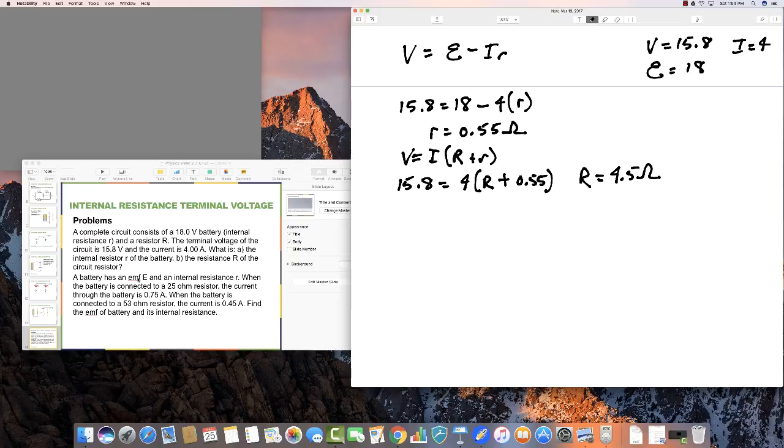It's a little bit more complicated. The second problem says a battery has an EMF, script E, and an internal resistance r. When the battery is connected to a 25 ohm resistance, so when big R is 25, then the current is equal to 0.75 amps.